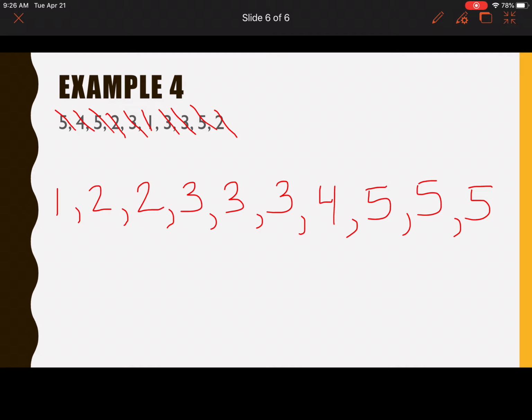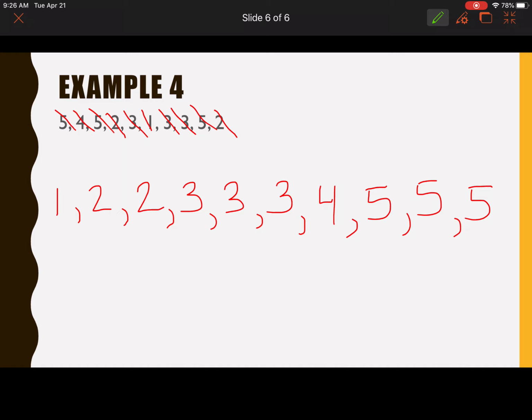Now I need to look at my list of data and see if I can find anything that repeats. So 1 doesn't repeat, 2 repeats twice, 3 repeats 3 times, 4 doesn't repeat, and 5 repeats 3 times. When we're looking to find the mode, we want to find the number that appears the most frequent number of times.